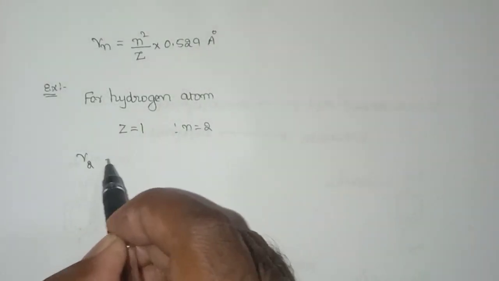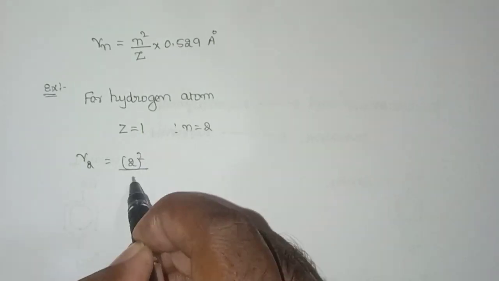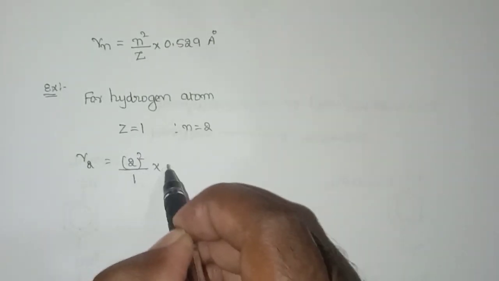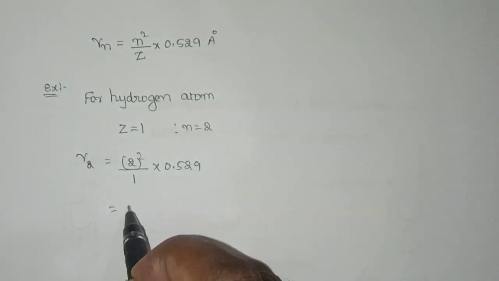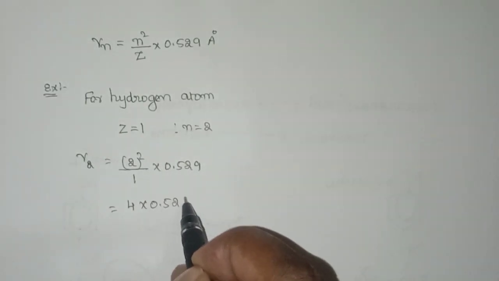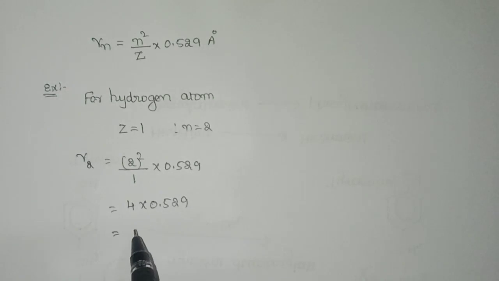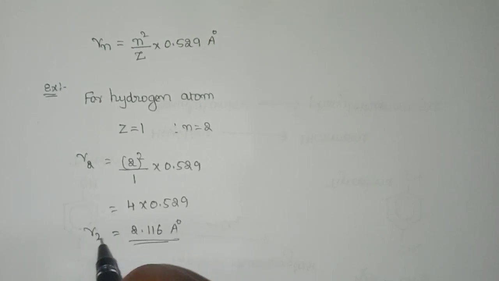So R2 is equal to 2 square by Z, which is 1, into 0.529. If you calculate, 2 square is 4 into 0.529, so the calculation of these two values will be 2.116 angstrom units. This is the value of R2.